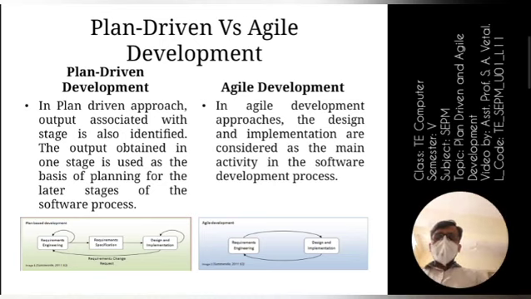Then after completing the requirement engineering, we are going to execute another stage, that is requirement specification. The output of this requirement specification will be the basis for the design and implementation of your software development.